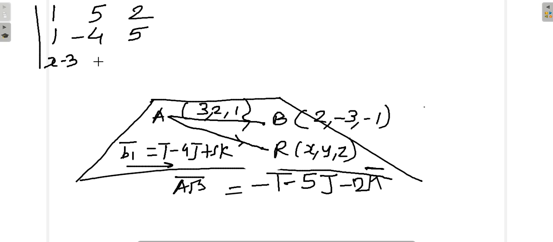X minus 3, y minus 2, and z minus 1. Determinant is 0. Just do this.